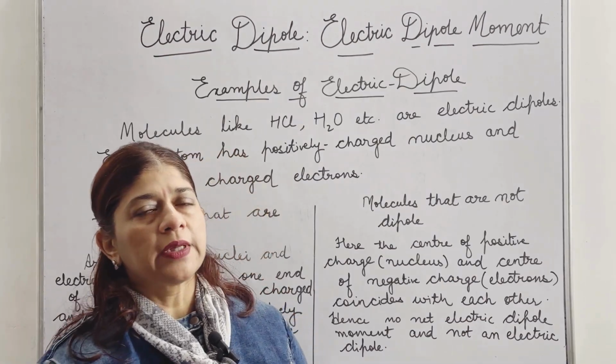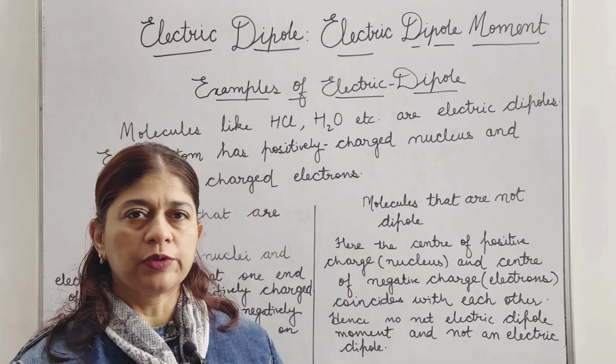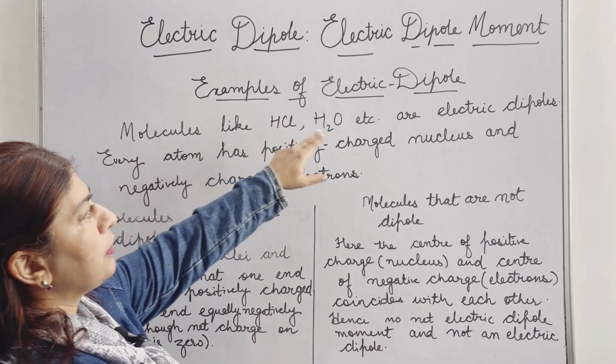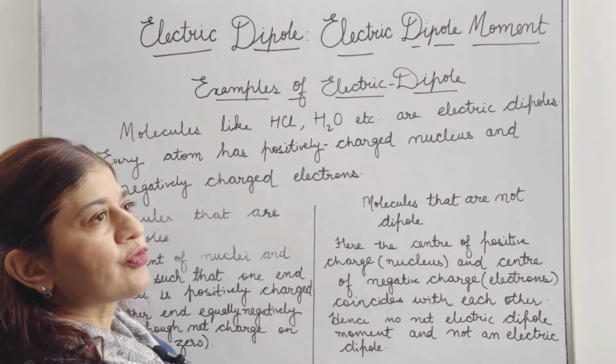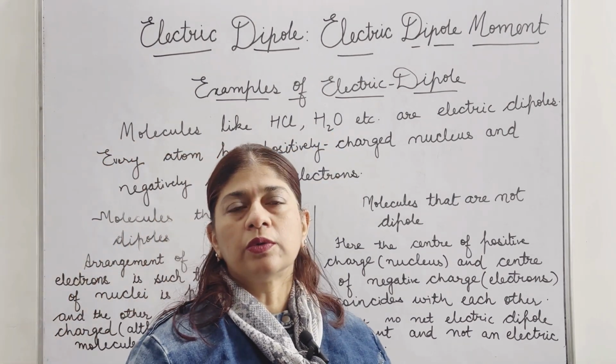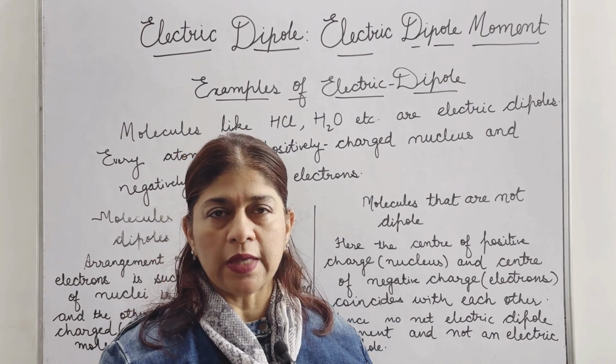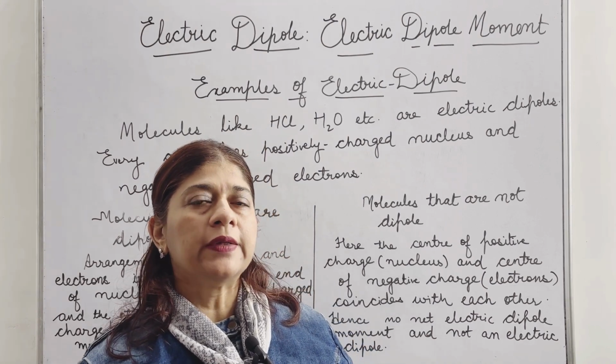Now we are going to take examples of electric dipoles that exist in nature. Molecules like HCl and H2O are electric dipoles. So what is the criterion? How do we say that this is an electric dipole and this molecule is not?